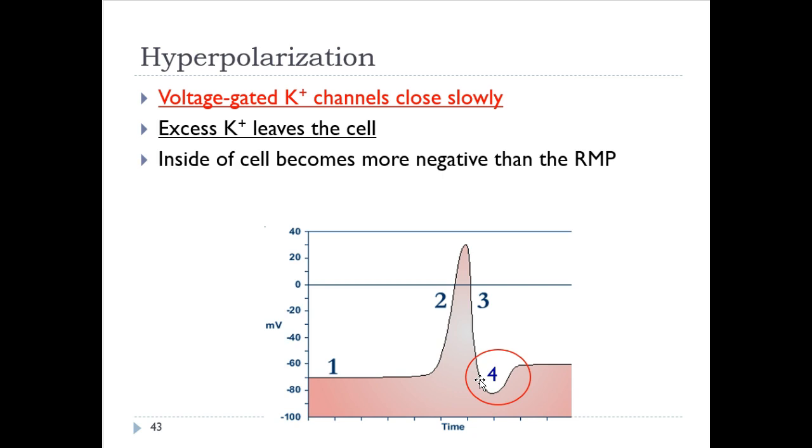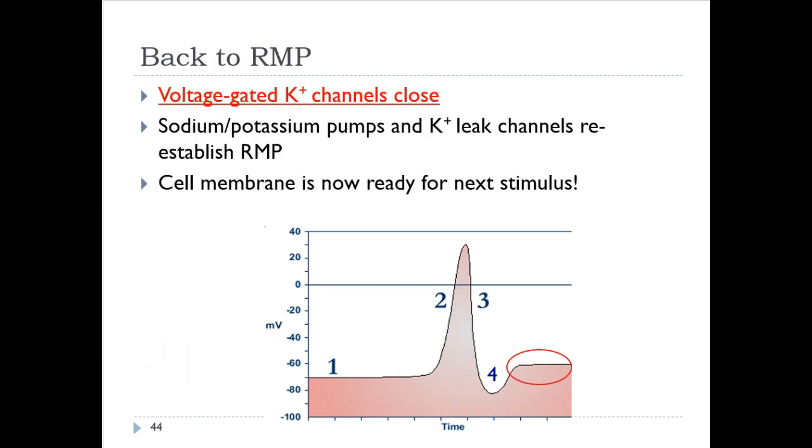And how we're going to do that is, remember how number one, the potassium now has gone to the outside. We're going to have to let them come in. And we're going to have to go ahead and try to get the cell more negative to go back to that resting potential. And how we're going to do that is those voltage gated potassium channels have to close, so they can't go on the outside anymore.